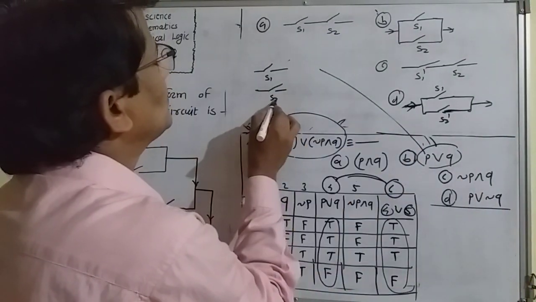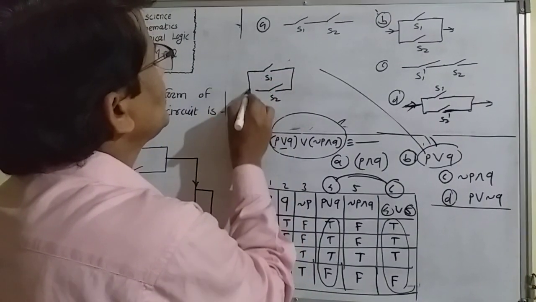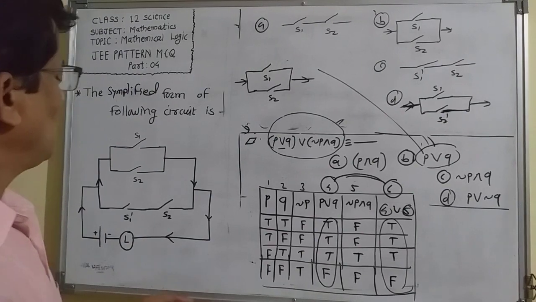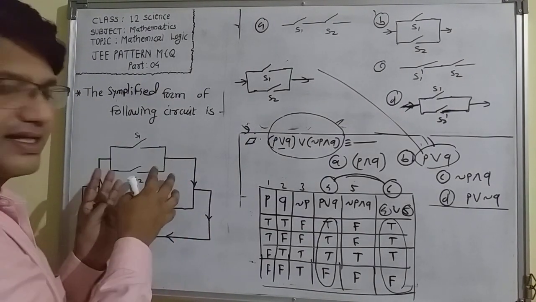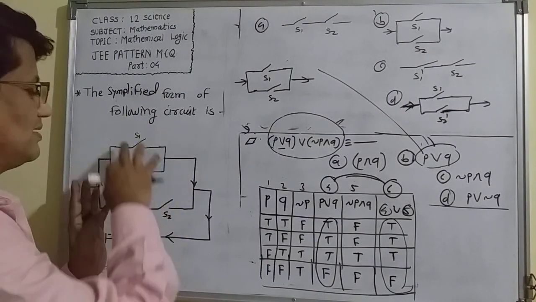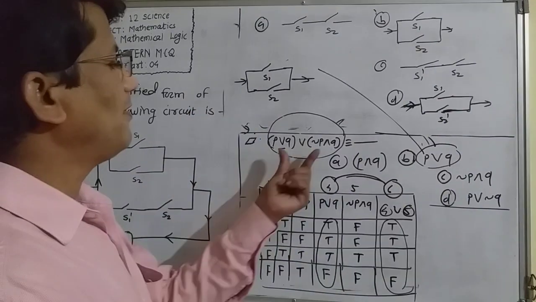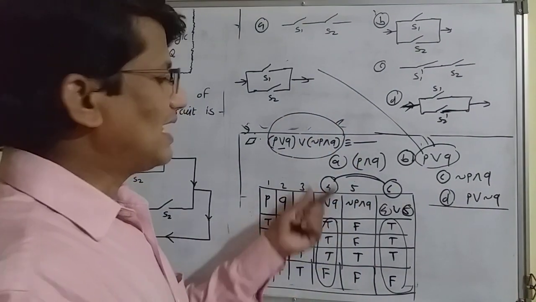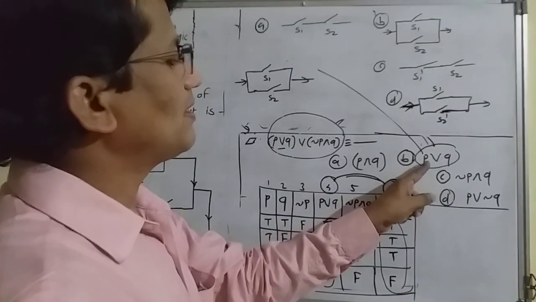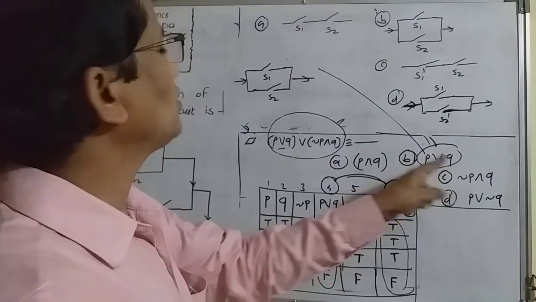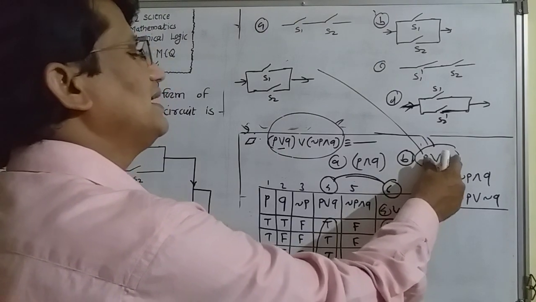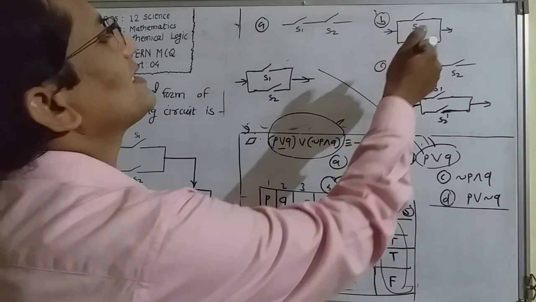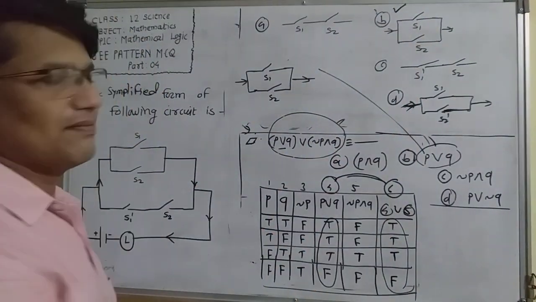And this is the symbolic form. Means if a circuit is given, convert this circuit into a mathematical, symbolic form and try to simplify it like this. The equivalent option is P or Q, and we make it again in switching form. We will get S1 and S2, which is given in option number B.